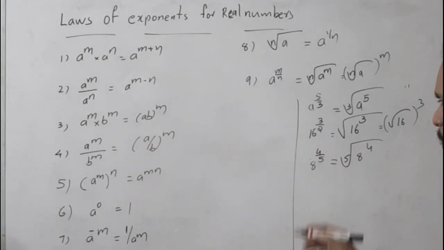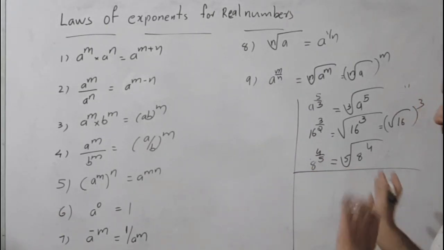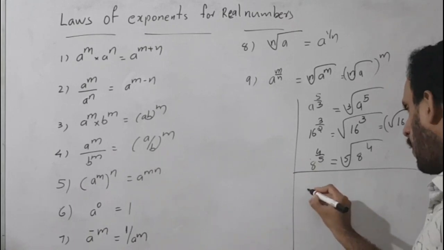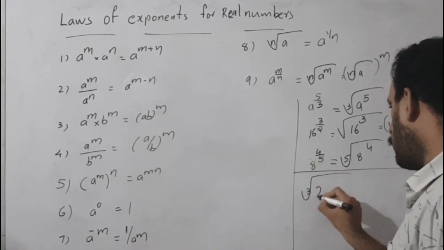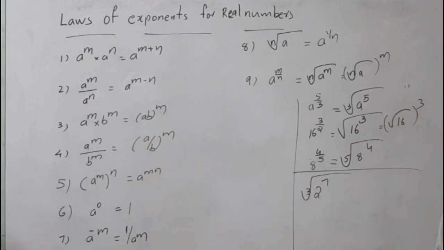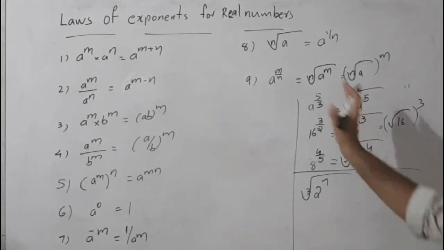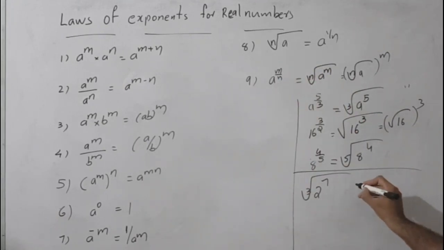Okay, so how do we convert the reverse order? That means a question like this: cube root of 2 raised to 7. Now this one is in the form of radical. Then how do we convert in the form of exponential? It is equal to 2 raised to, what is m?